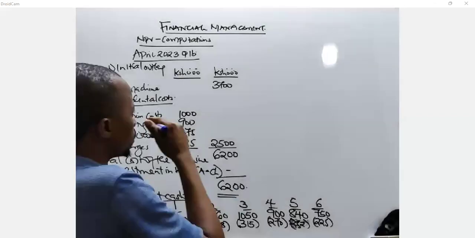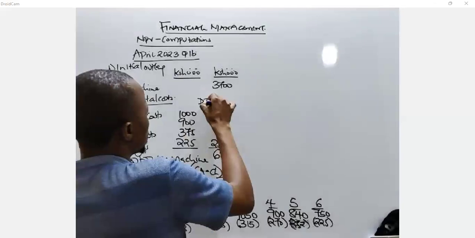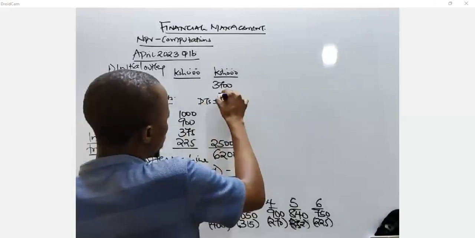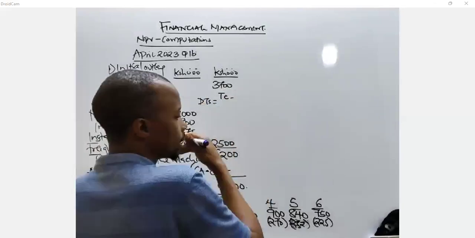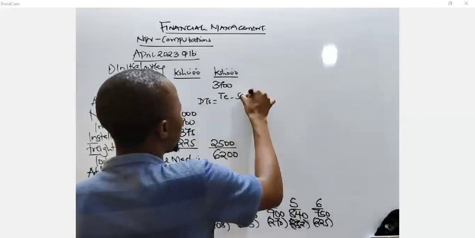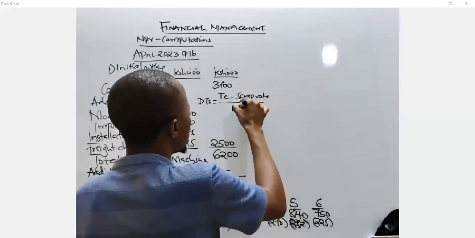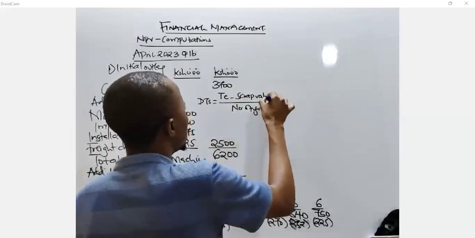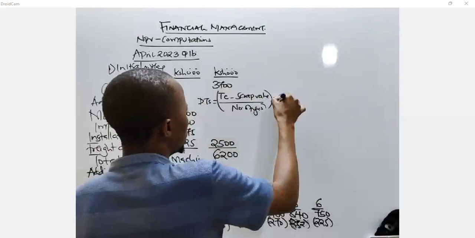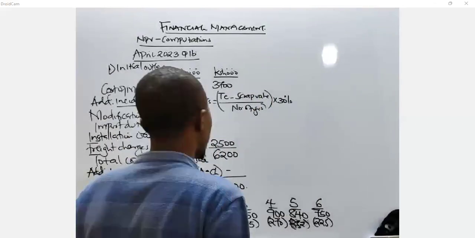How do we normally calculate the depreciation tax shield? We normally take the total cost of the machine. We subtract the scrap. You divide by the number of years. Then you multiply by the tax rate. In our case, it's 30%.